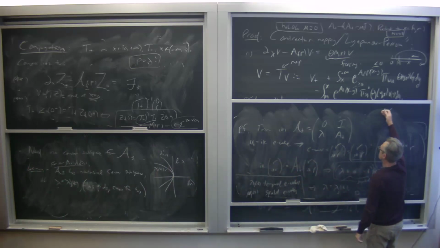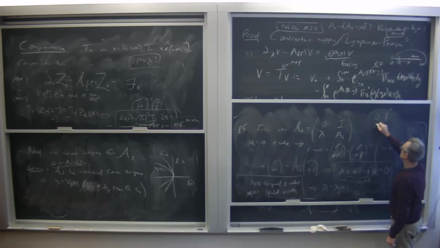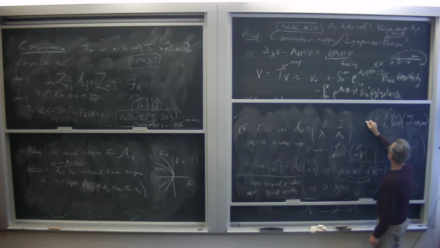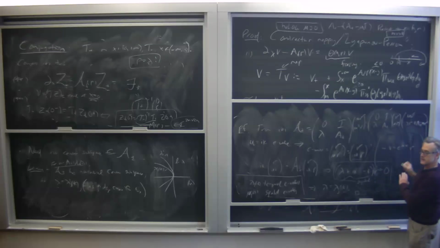Well, let's just write it out. 0, I, lambda, A plus R mu R. So we're going to get mu R, and we'll get lambda R plus A plus mu R. And that is supposed to be mu R, which it is, and mu squared R. So the first equation is automatically satisfied.